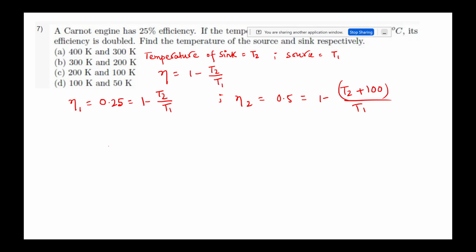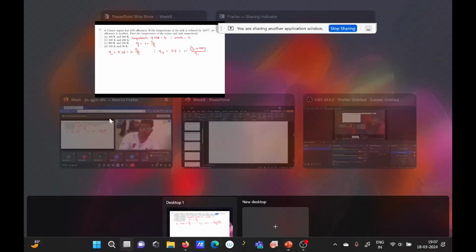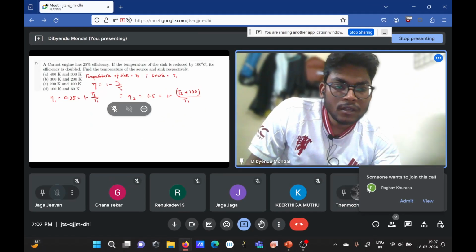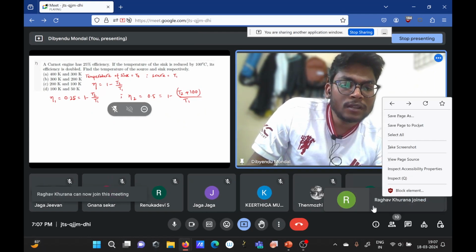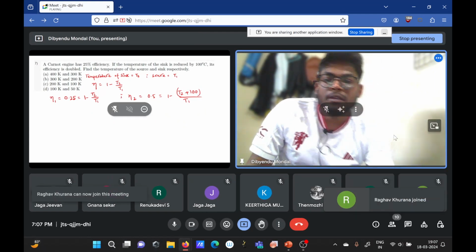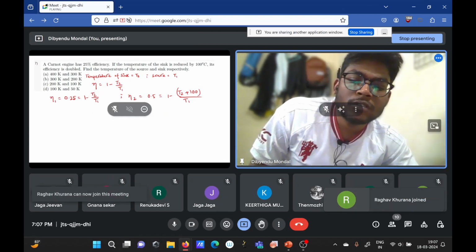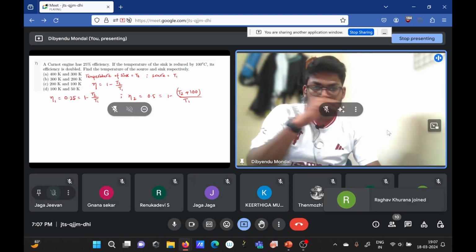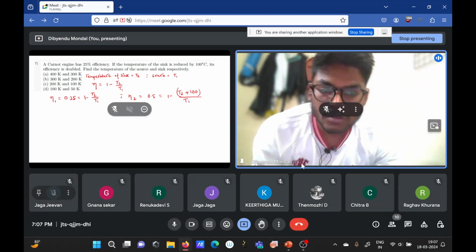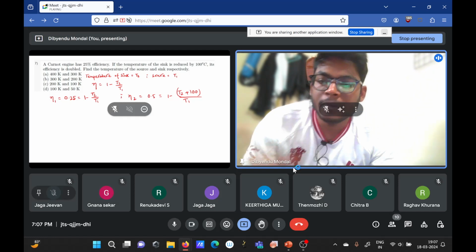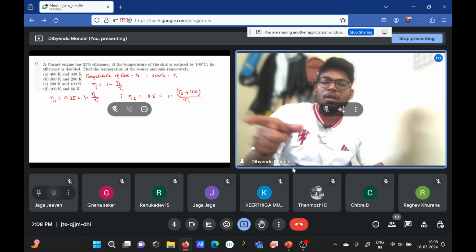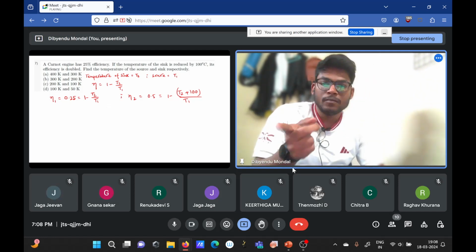Please solve it and then tell me the T1 and T2. Please tell me the answer in the chat box or unmute. I will take a 2 or 3 minutes break, so in the meanwhile you guys solve it. I have written the equations, solve for T1 and T2.